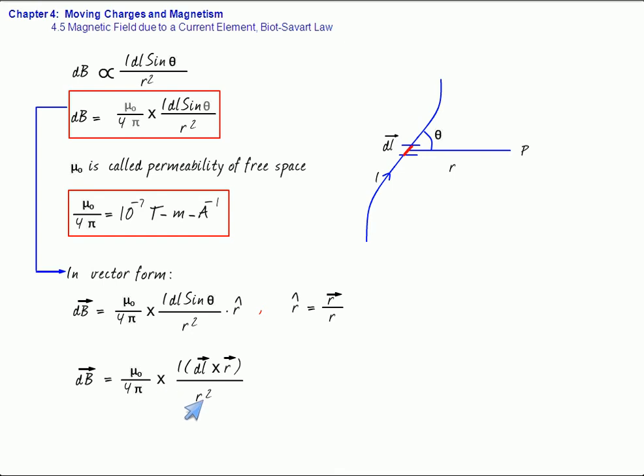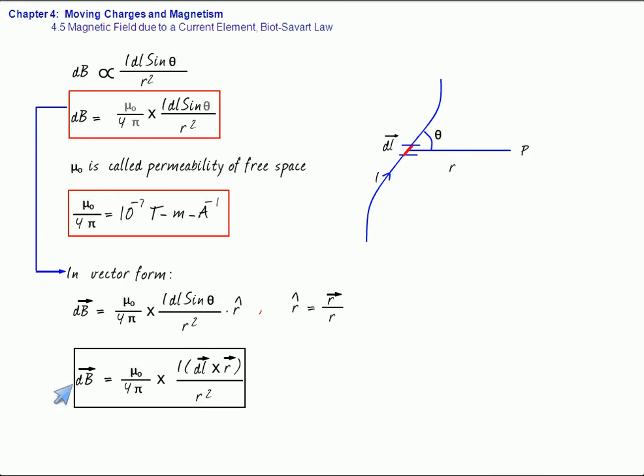When you substitute this value of r cap, r vector divided by r, then in the denominator it becomes r cube, and in the numerator dl r sin theta becomes dl cross r, whereas current is a scalar quantity, mu naught upon 4 pi is a scalar, so dl cross r is the cross product of two vectors.